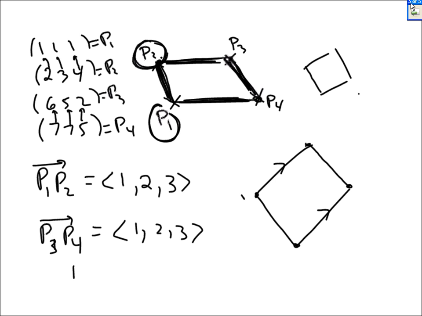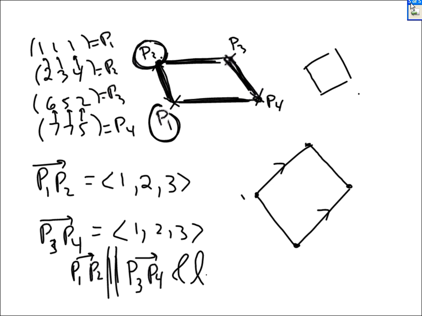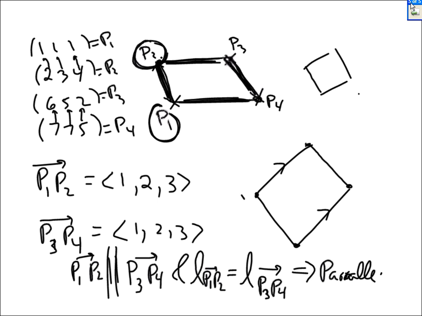Okay, so P1, P2 is parallel to P3, P4, and we'll call this the length of P1, P2 is equal to the length of P3, P4. That implies parallelogram. So it's definitely a parallelogram.